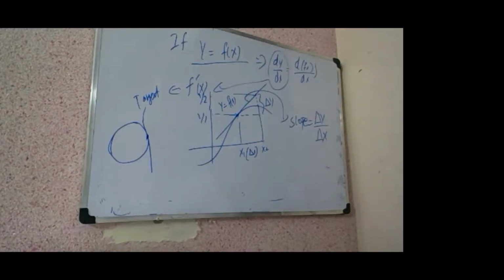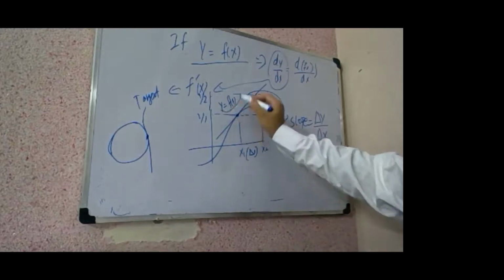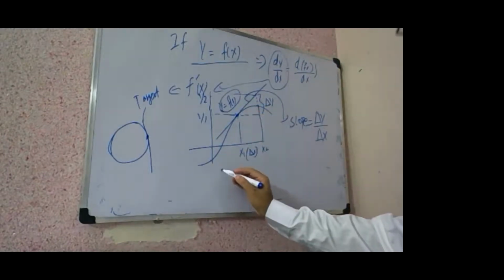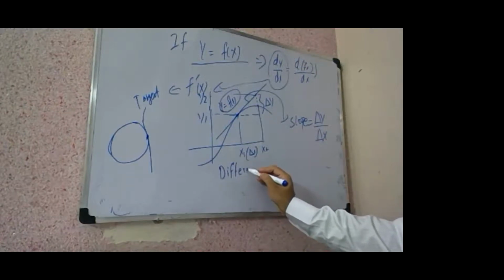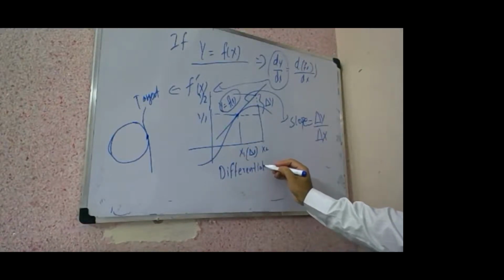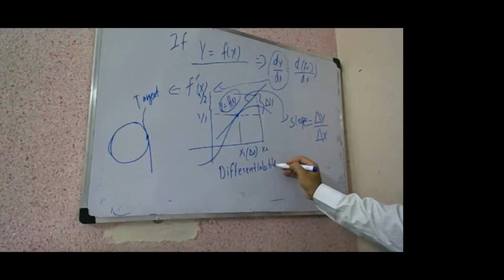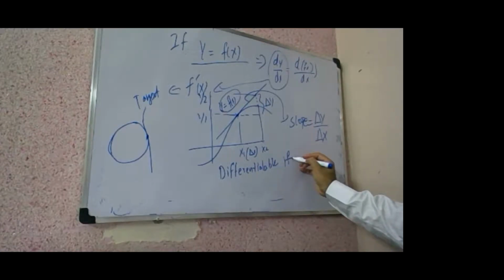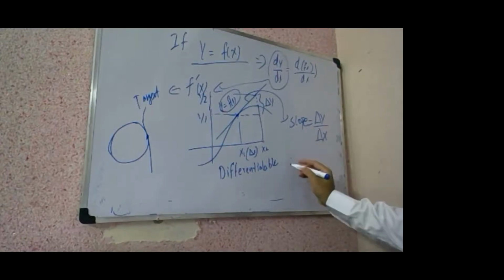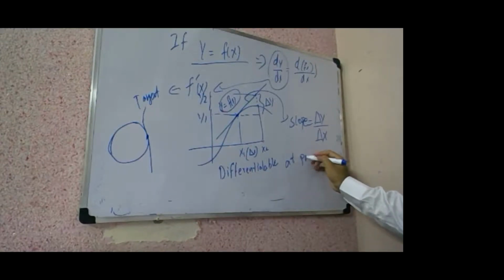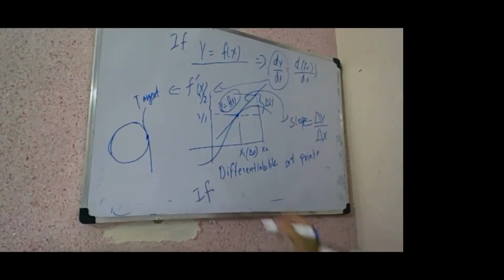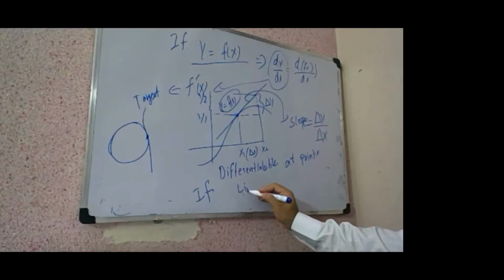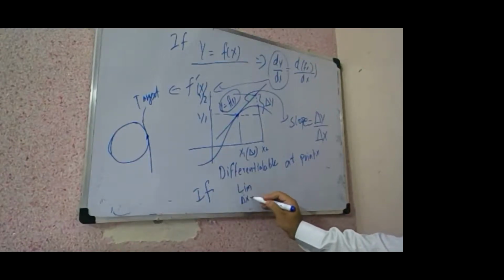It means this function f of x is differentiable if, at any point x, for the time being, can I say limit delta x tends to 0?